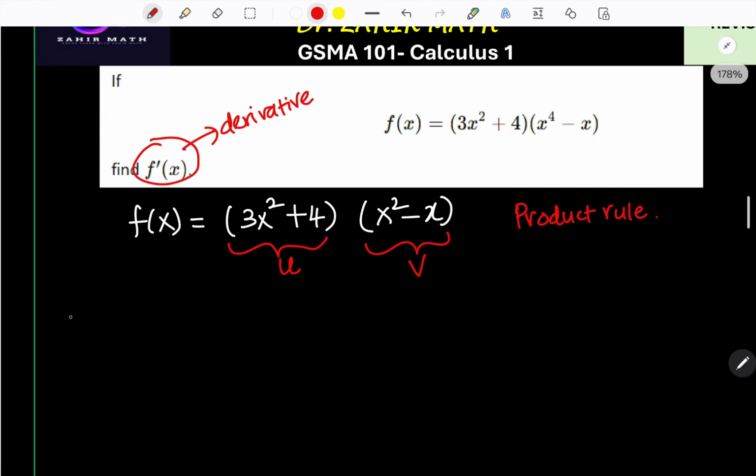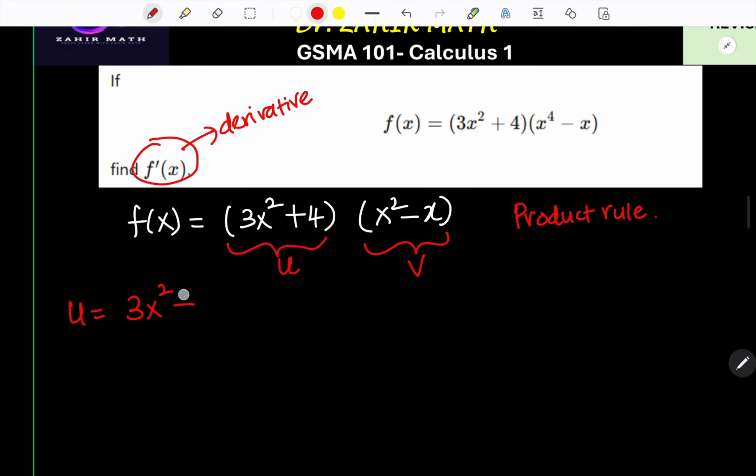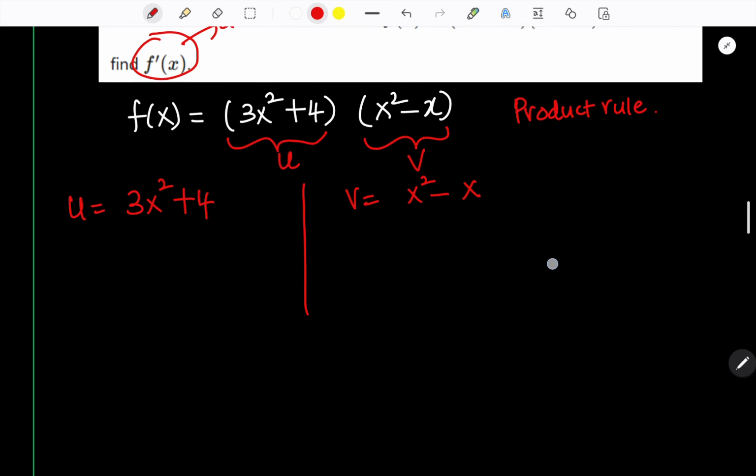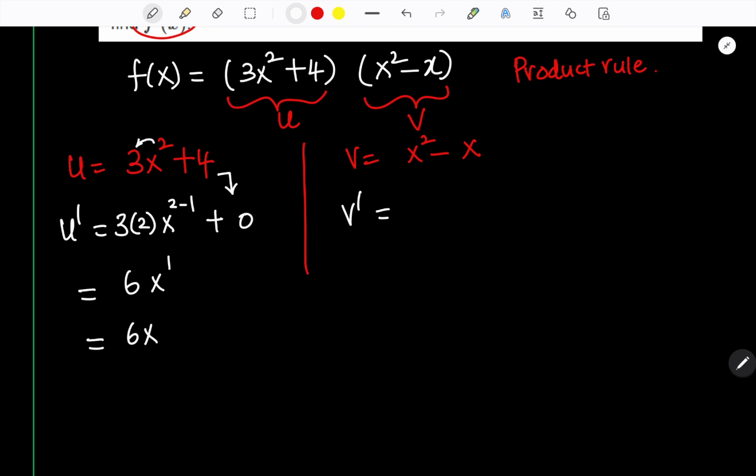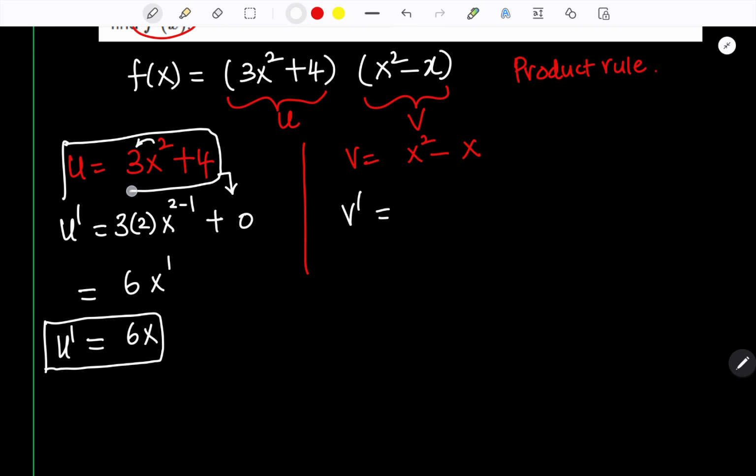So u is equal to 3x square plus 4, and v is equal to x square minus x. Now we take the derivatives u dash and v dash. 2 comes here, 3 times 2 times x to the power of 2 minus 1, plus the derivative of any number, which is 0. So 3 into 2 is 6, x to the power of 2 minus 1 is 1, which is equal to 6x. That is u dash.